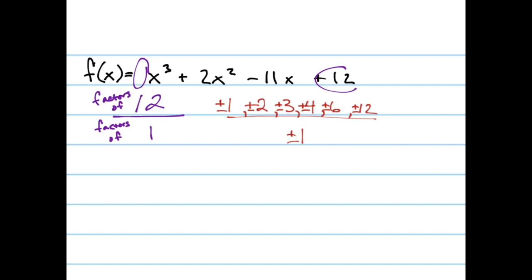Now the good news is when our lead coefficient is 1, breaking this down into the actual terms is real easy because when we divide 1 by 1 we just get 1. So plus or minus 1 divided by plus or minus 1 is just plus or minus 1. And plus or minus 2 divided by plus or minus 1 is just plus or minus 2. So it's real simple when our lead coefficient is 1 to keep track of all of our possible factors.